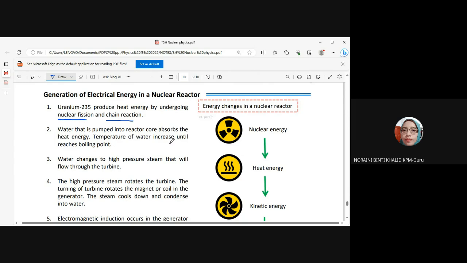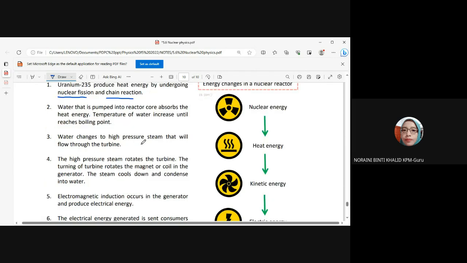Temperature of water increase until reaches boiling point, meaning water will change to steam at high temperature. Water changes to high pressure steam that will flow through turbine. The high pressure steam rotates the turbine. The turning of turbine rotates the magnet or coil in the generator by electromagnetic induction, so generate electricity.